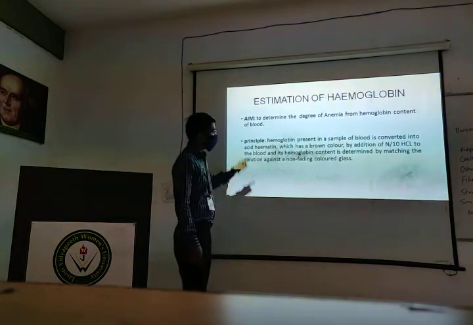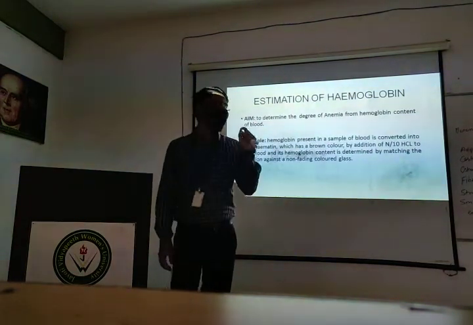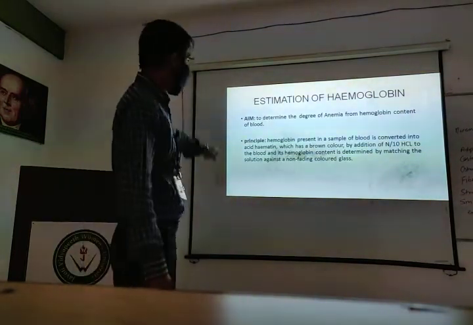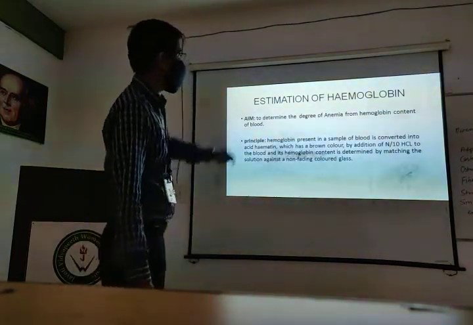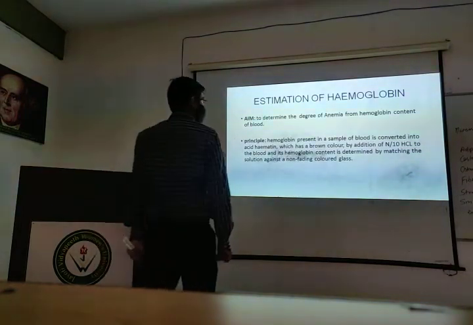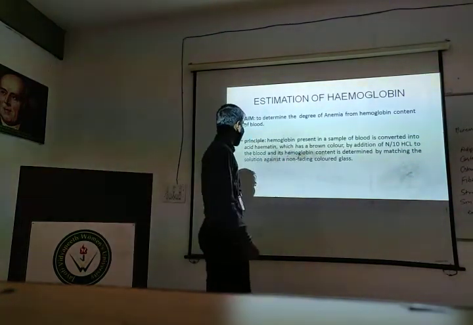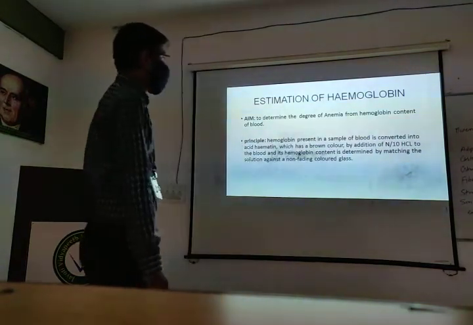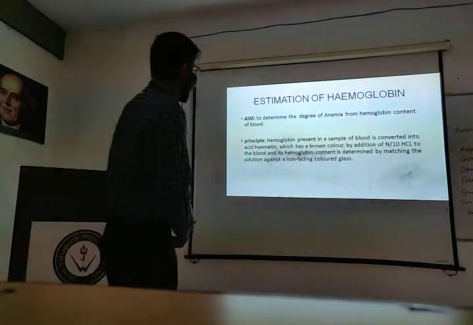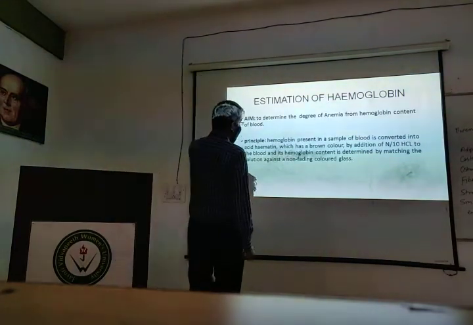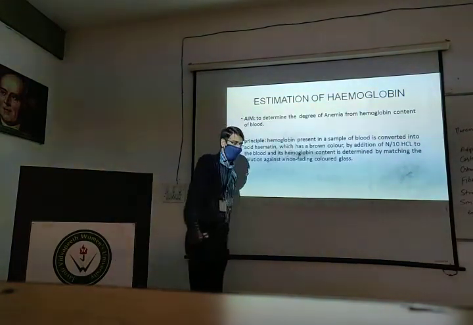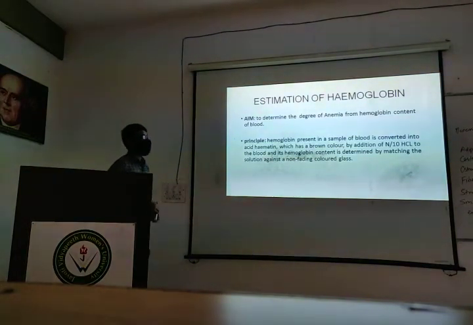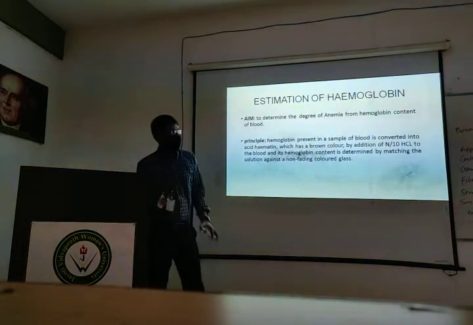The hemoglobin present in the given sample of blood is converted into acid hematin, which has a brown color, by addition of N/10 HCl to the blood, and its hemoglobin content is determined by matching the solution against a non-fading colored glass, which we already have in the Sahli's hemoglobinometer equipment.